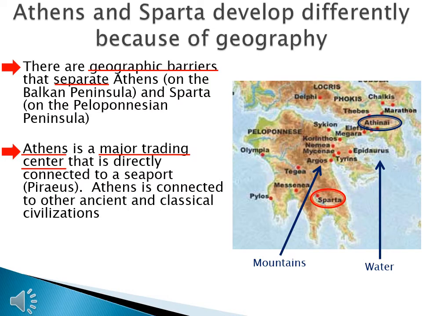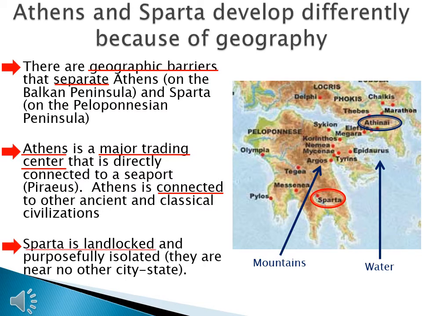Piraeus is about 5 miles away from Athens, and Athens is connected to other ancient and classical civilizations. It is Times Square for the classical world for a while. Sparta, not so much. Sparta is landlocked and it's purposefully isolated. Spartans live near no other city-state and they did it for a reason. Go to the next slide.